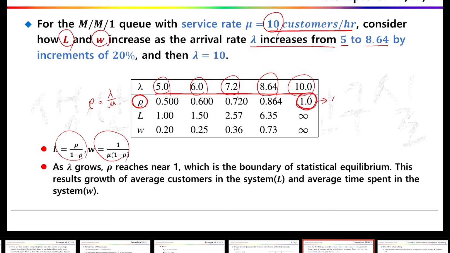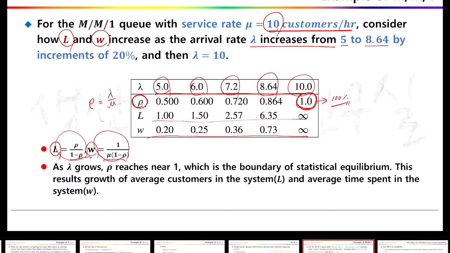It means that 100% utilization, and as you can remember, this is not allowed in a normal queuing model with steady state. And L and W can be calculated with these two formulas. You can see this table.